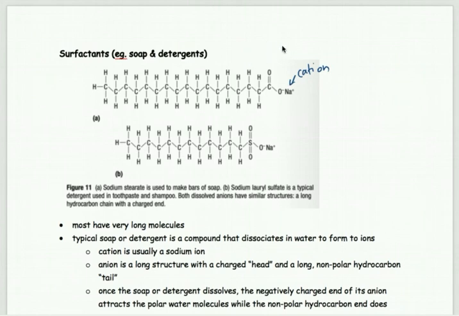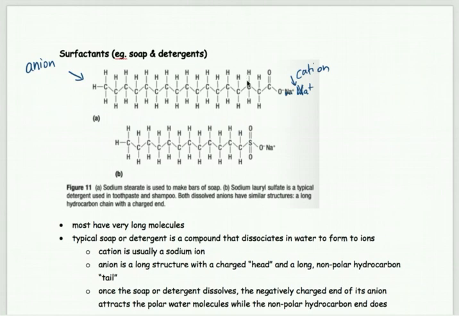So let's put anion on this end. That's the negative part. Even if I cross off the sodium and put sodium right here, that's the cation.